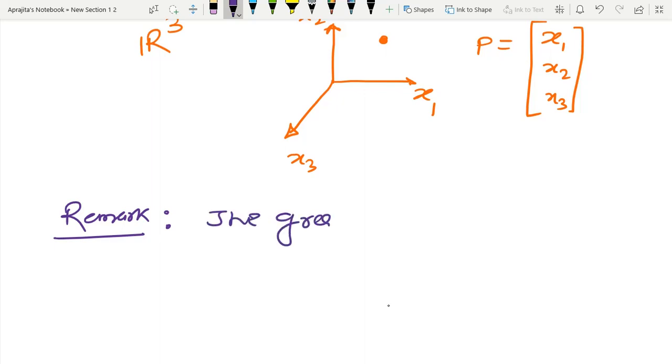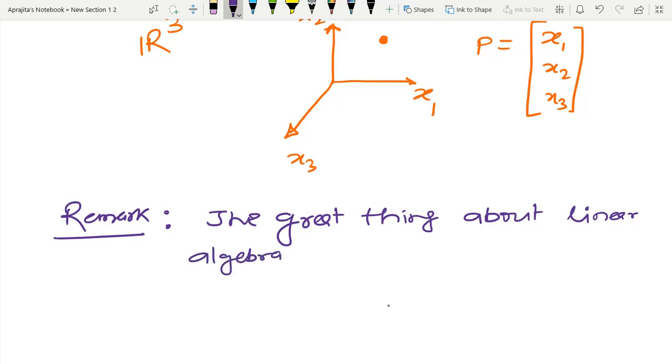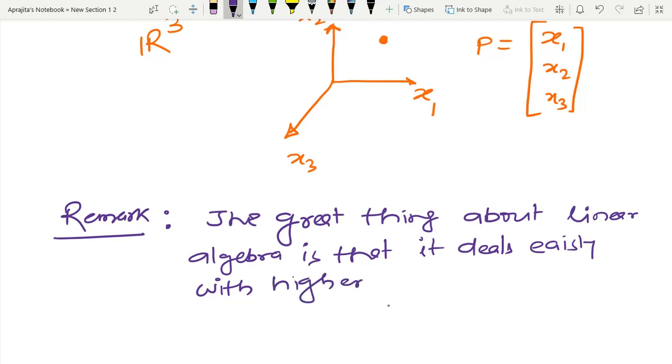The great thing about linear algebra is that it deals easily with higher dimensional space.